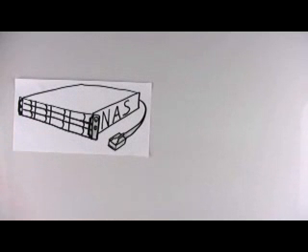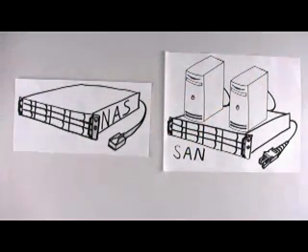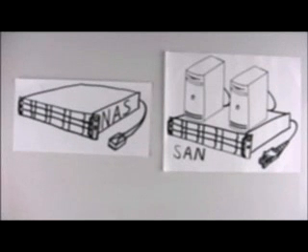Attaching over the network is called Network Attached Storage, or NAS. Using a fiber channel setup is a Storage Area Network, or SAN. Technology is blurring the lines between these designations, but the terms are still in use.